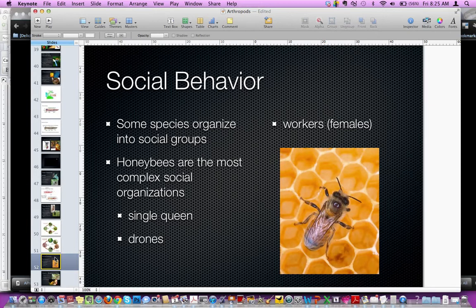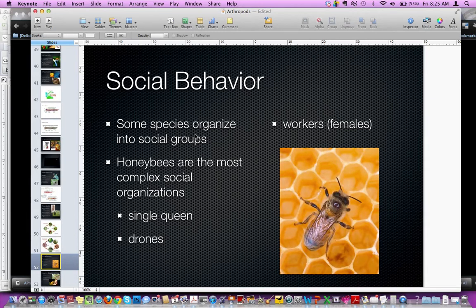An interesting thing about a lot of our insects that I wish we could talk about more is the fact that some of them live in a social aspect, they live in a colony and they exhibit social behavior. So these would be like your ants, your termites, and your bees. So they organize themselves into social groups.